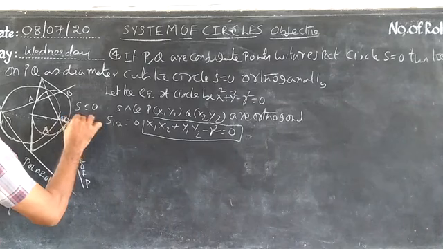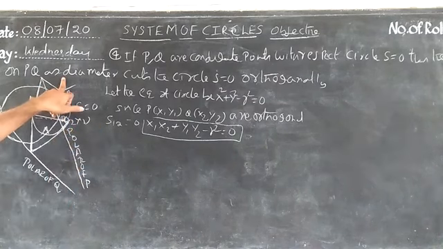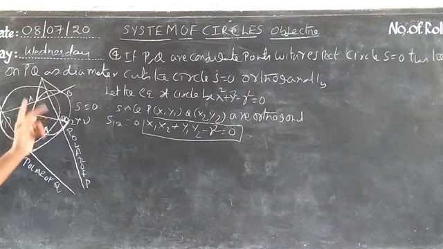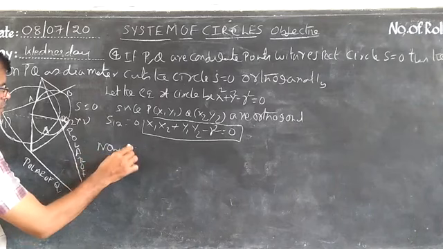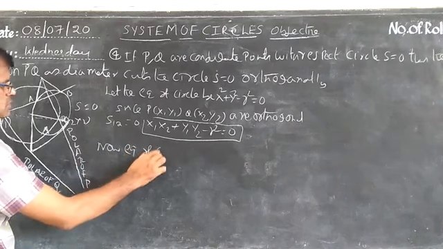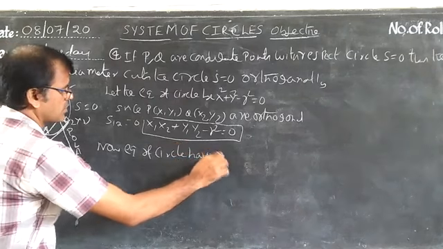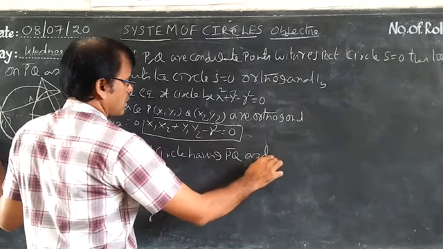Q(x2, y2). The circle having PQ as diameter should cut the given circle S equal to 0 in an orthogonal way.